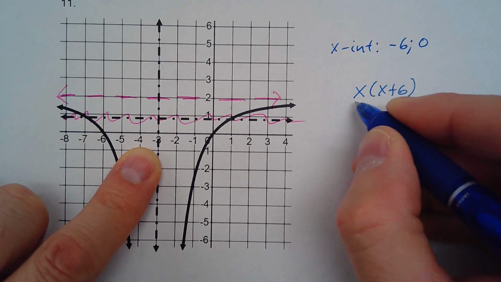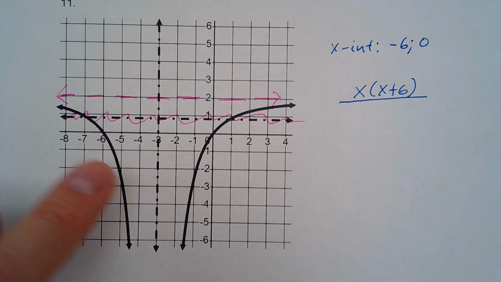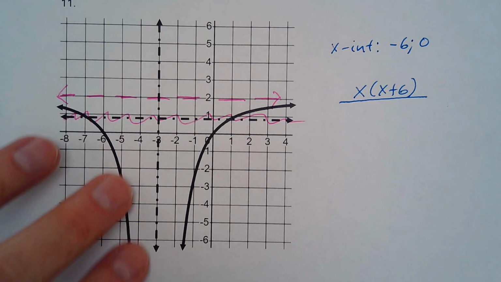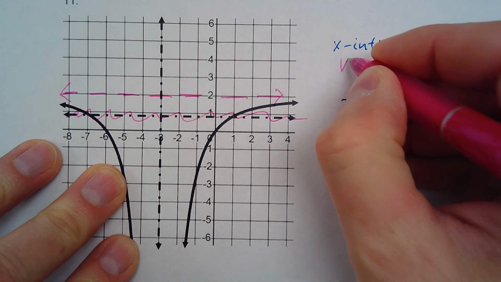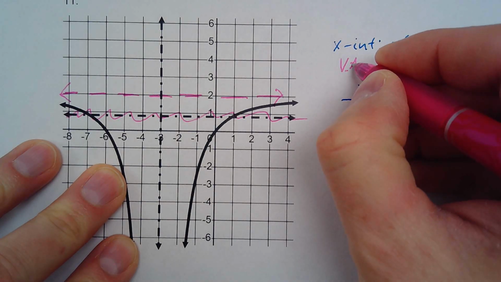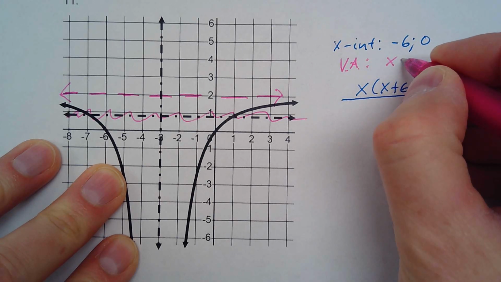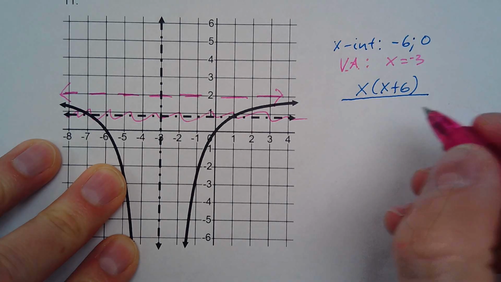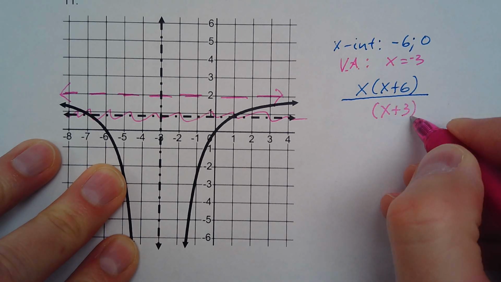And remember, the x-intercepts give me the numerator. So I already now have the numerator. Next, to build the denominator, I'm going to use the vertical asymptote. My vertical asymptote is x equals -3. So that gives me a factor of x plus 3 in the denominator.